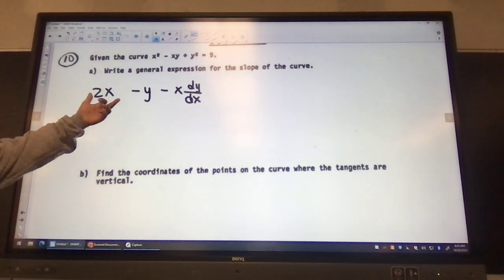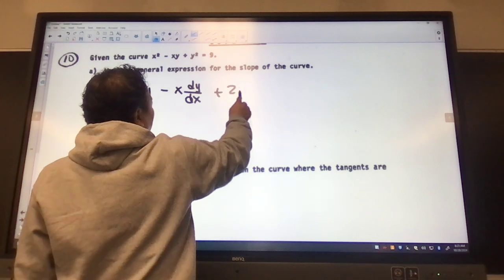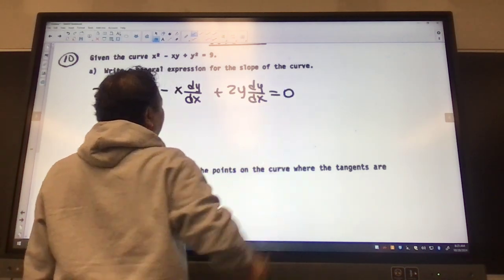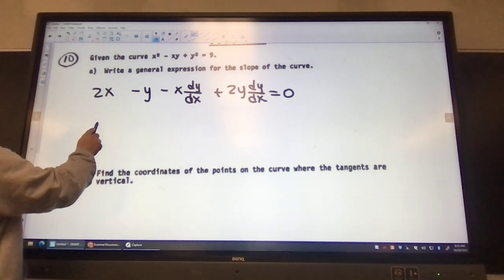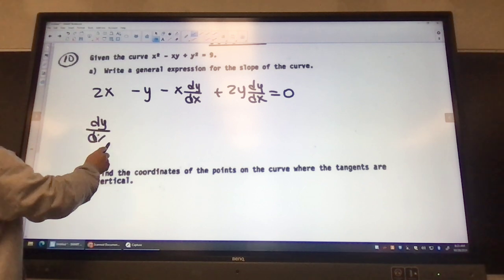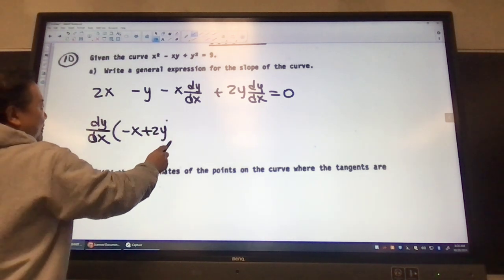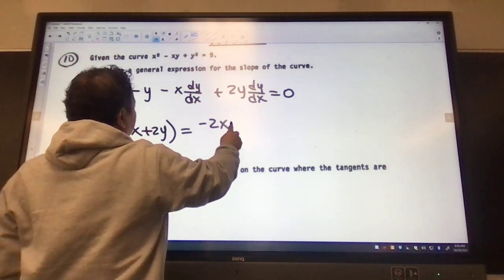So we just apply the product rule here. For the last component, we have plus 2y dy over dx equals 0. Then here, what I'll be doing is factoring out dy over dx. So we get dy over dx times negative x plus 2y, and moving the other two terms over to the other side, we get negative 2x plus y.